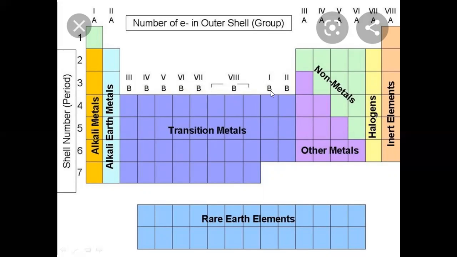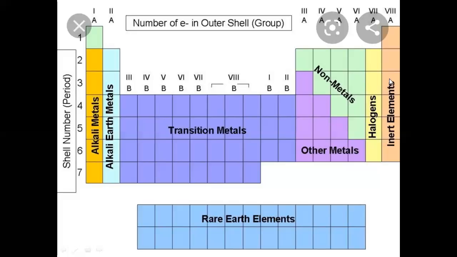You can see 1B, 2B, 3B, 4B, 5B, 6B, 7B, and these three are called 8B. A group elements are called main group elements, typical elements, representative elements, while the B group elements are called transition metals.